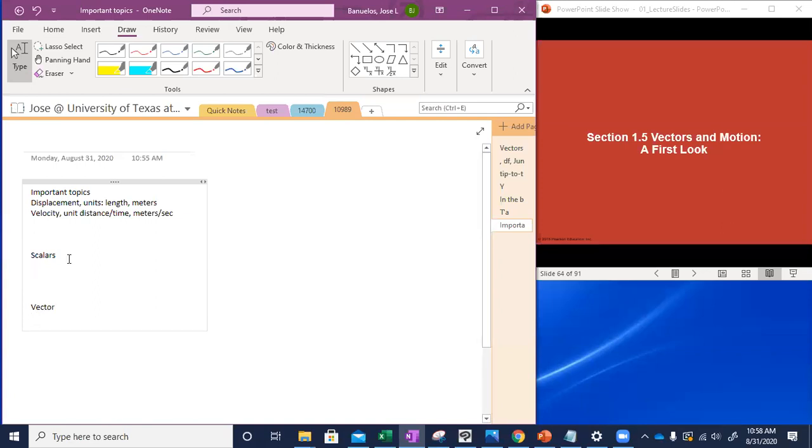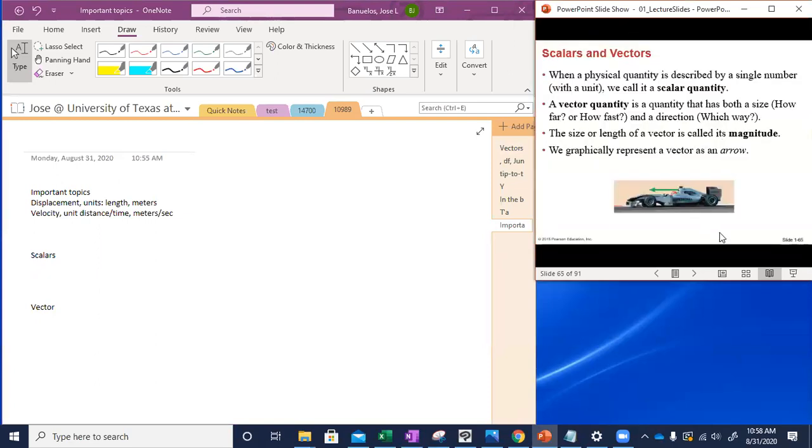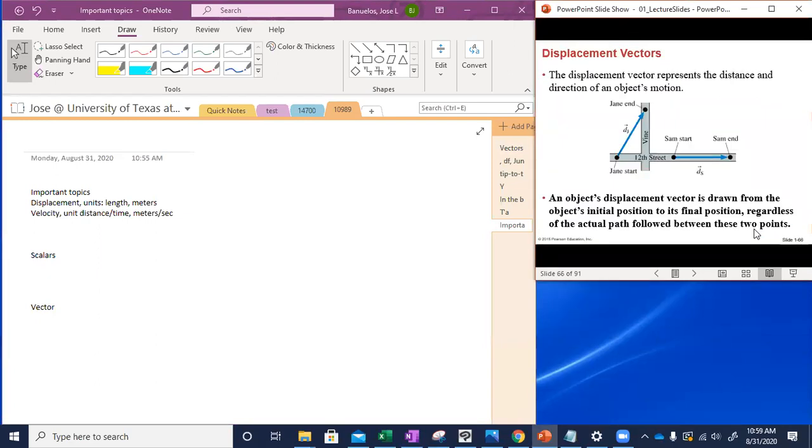Examples of vector quantities, and this is what this slide's illustrating, is that we are going to move this out of the way. So for example, quantities like displacement fall under the category of a vector. And the corresponding quantity that's a scalar is what we call the distance.